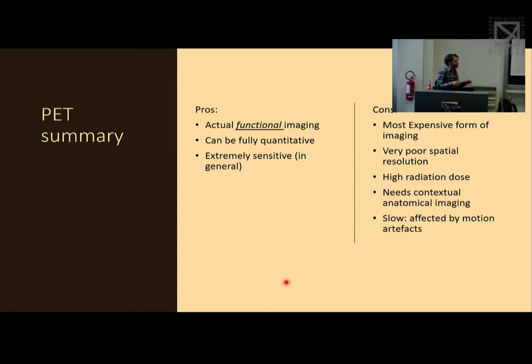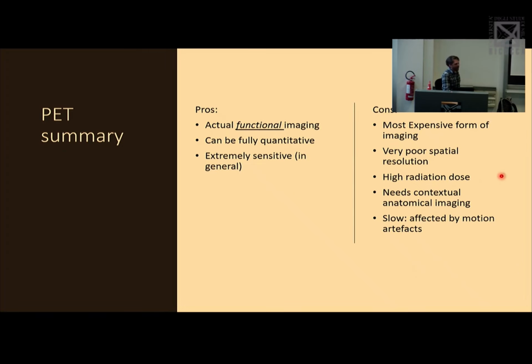You are injecting something like 10 to the 10 molecules, which is 10 to the minus 15 of a mole. So it's something that is not chemically active. Your body will not even realize that the molecule is there, given it's something like one nanogram of matter that you are injecting, because when you count radiation, you can be so sensitive.